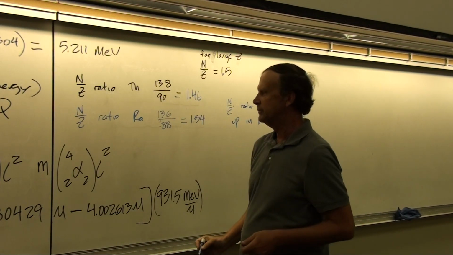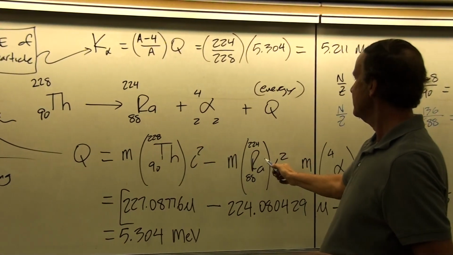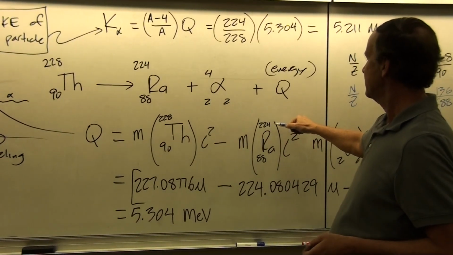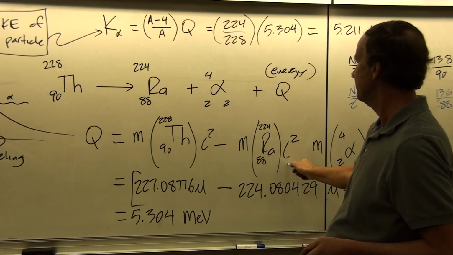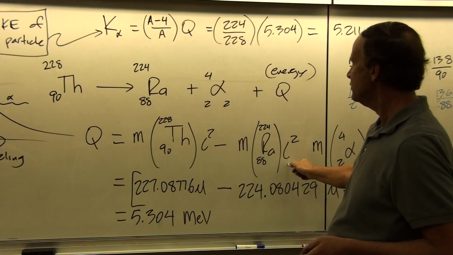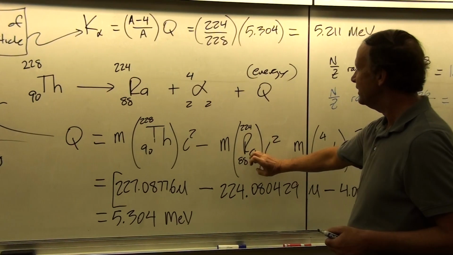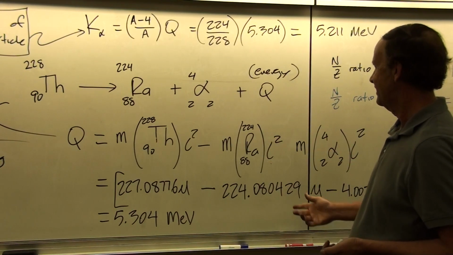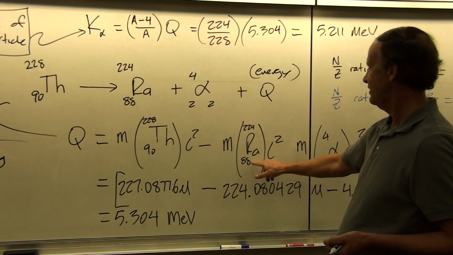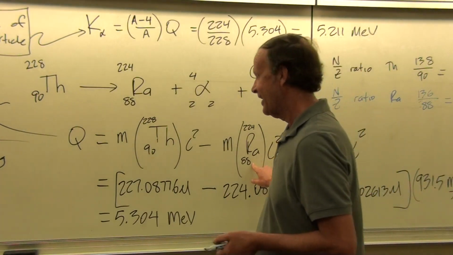Now, why is that true? Well, if we look at this reaction here, what we see is that if you take 2 away from the proton and 2 away from the neutron, both, then as you get to smaller numbers, let's say you had 2 more neutrons than protons, let's say. Okay.